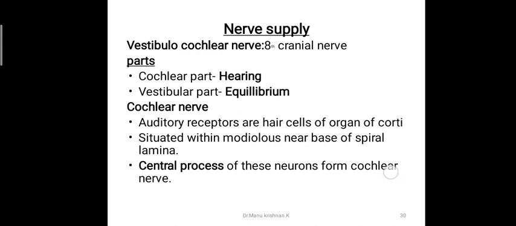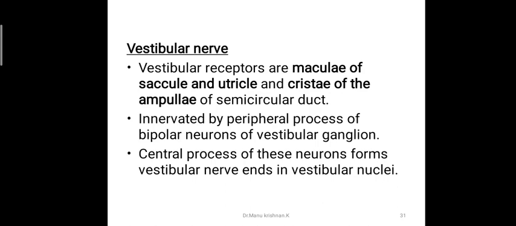And the vestibular nerve: the vestibular receptors are maculae of the saccule and utricle, and the cristae of ampulla of semicircular duct, which are innervated by the peripheral process of the vestibular nerve or the vestibular ganglion.